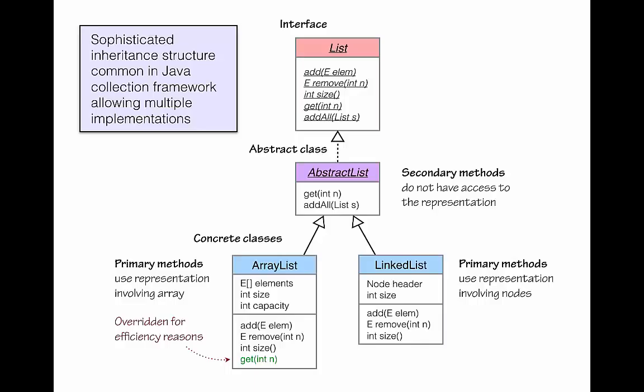Now, sometimes you might want to override secondary methods because you can implement them more efficiently as primary methods, but it's almost always a good idea to have default implementations of all methods that can be implemented as secondary methods in an abstract class.